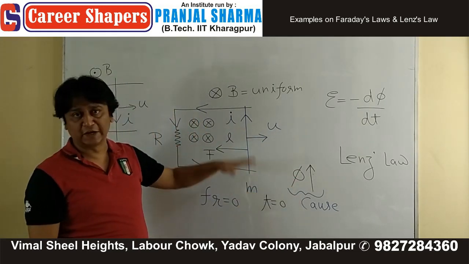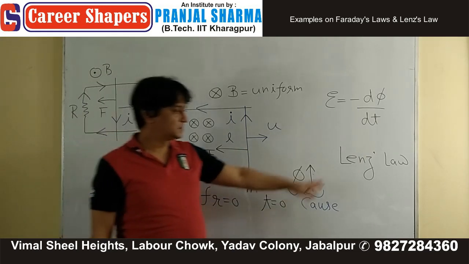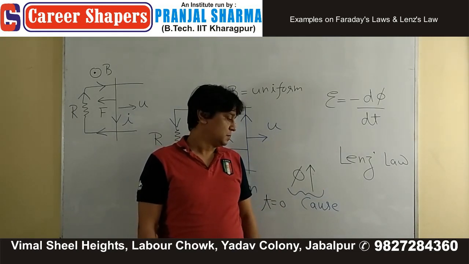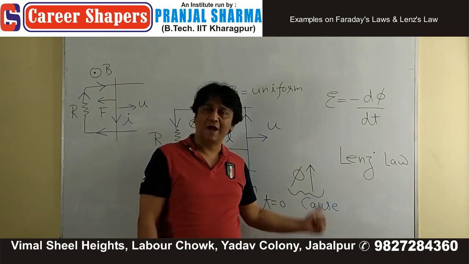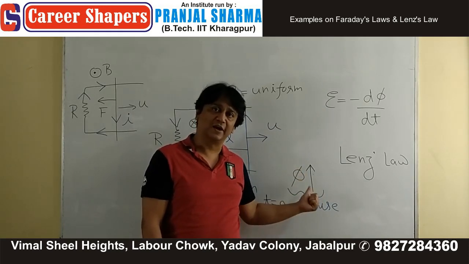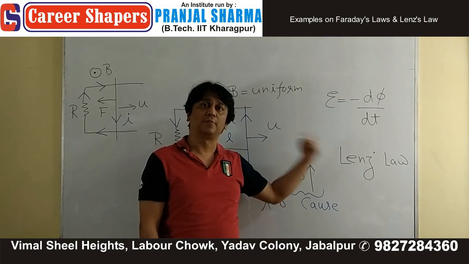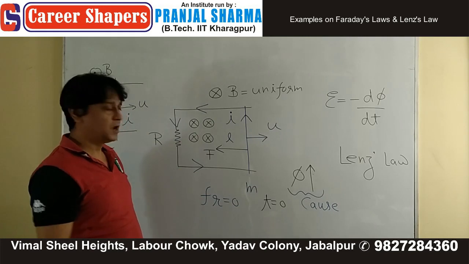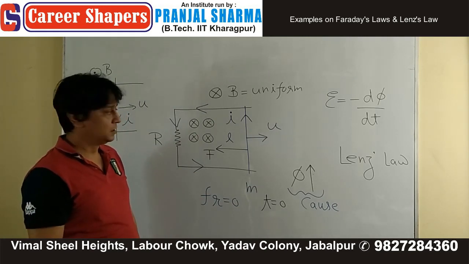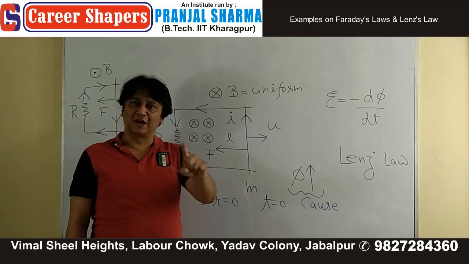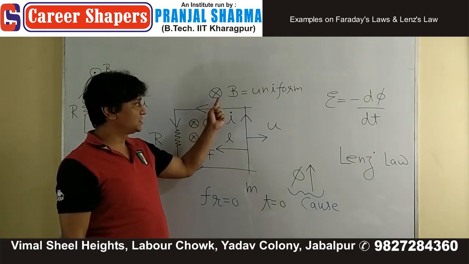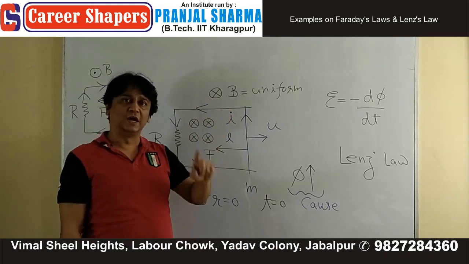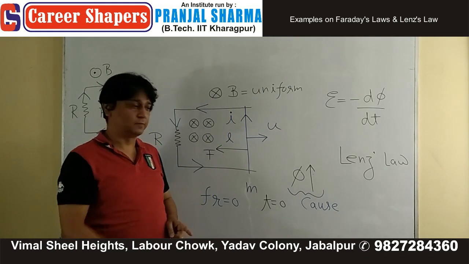So as flux increases, which is the cause, Lenz says cause must be opposed. Cause must be opposed means what? You have to somehow decrease the magnetic flux. It is increasing and you have to oppose it. That means you need to decrease this magnetic flux. Now, how do you decrease magnetic flux? If you can produce a magnetic field which opposes this magnetic field, then total magnetic field will decrease. Listen again.